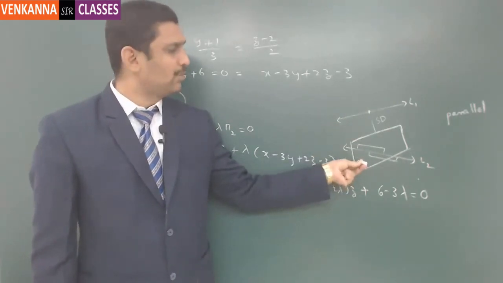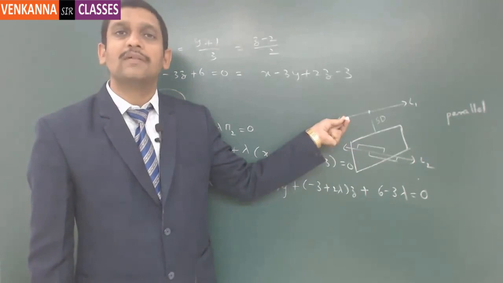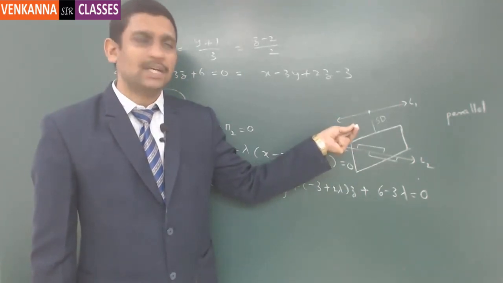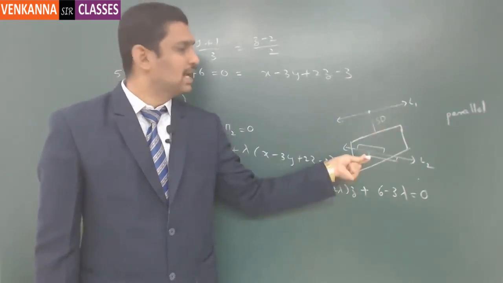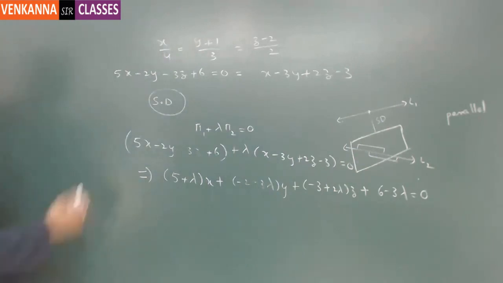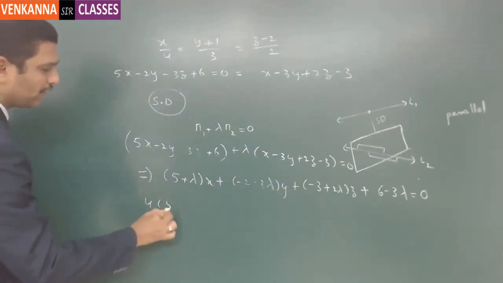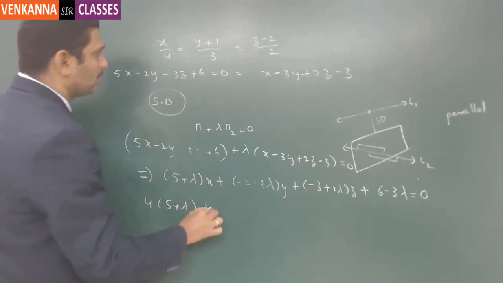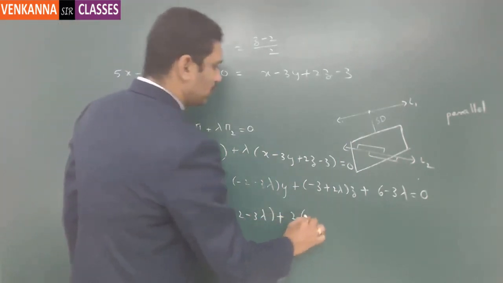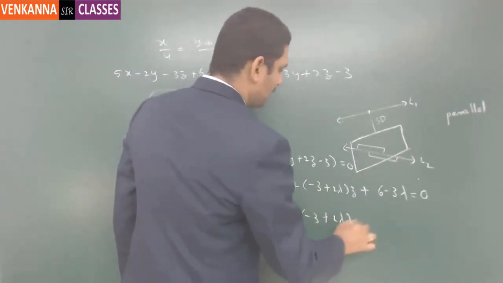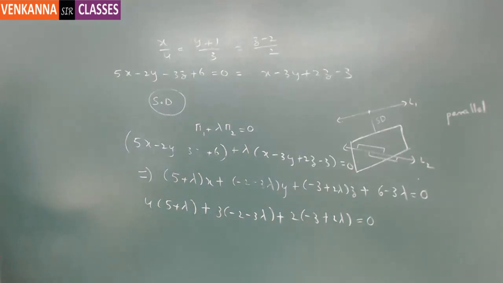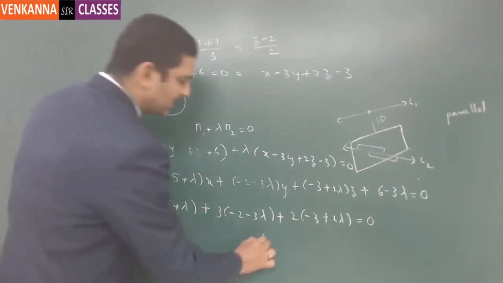So the normal of the plane is perpendicular to the first line. So we are going to apply the perpendicularity condition for the first line DRs and the plane normal DRs. Therefore you have 4 into (5 plus lambda) plus 3 into (minus 2 minus 3 lambda) plus 2 into (minus 3 plus 2 lambda) equal to 0. Which is going to give us that lambda is equal to 8.